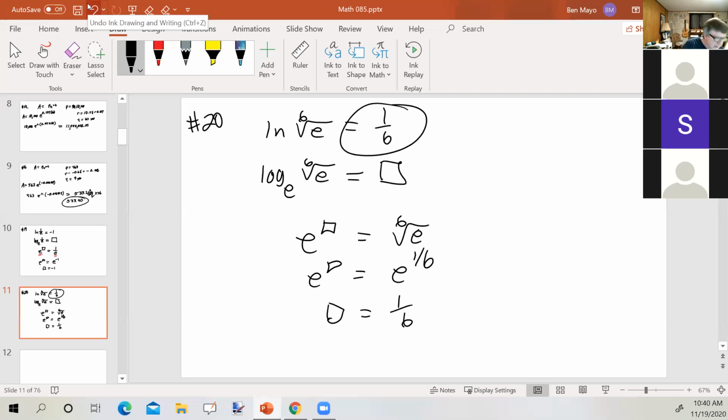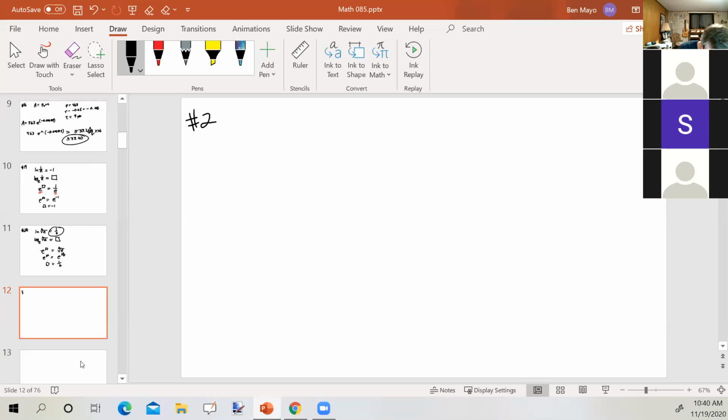Okay. And finally, number 21. We good to go on? Okay, no objections. I'll keep going. The natural log of the 9th root of e to the 4th power. So this is log base e of the 9th root of e to the 4th power, which is equal to some unknown.